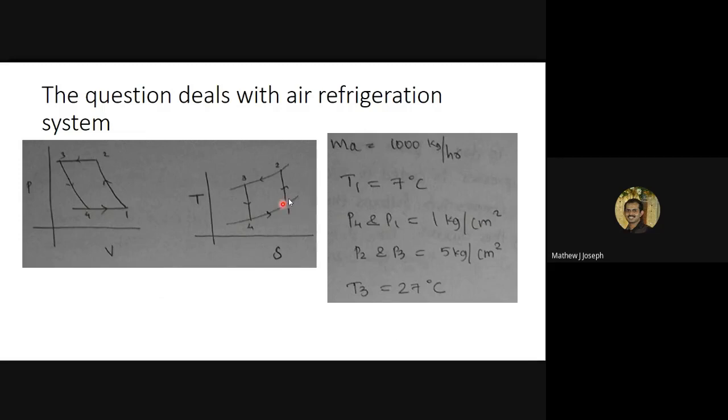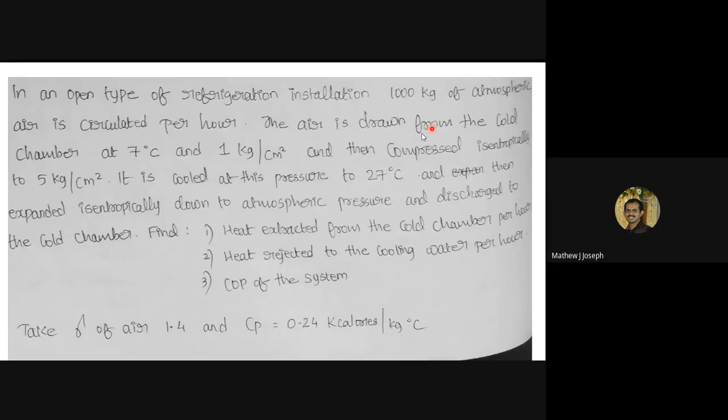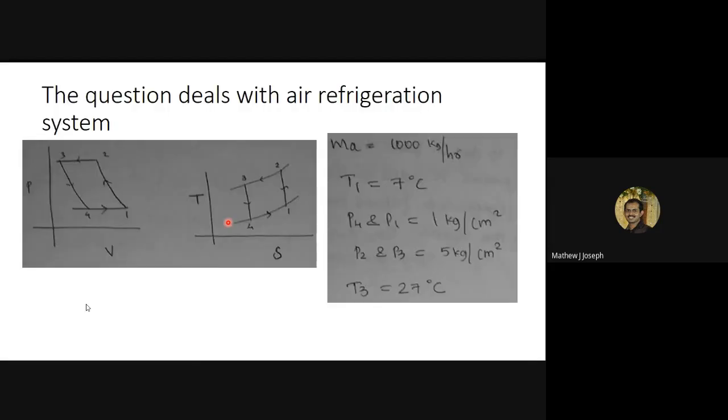the cold chamber, sometimes confusion can be there. Here it is given, the air is drawn from the cold chamber at 7 degrees Celsius. Sometimes you may get confused whether it is T4 or T1.